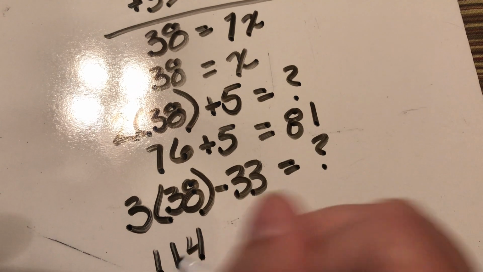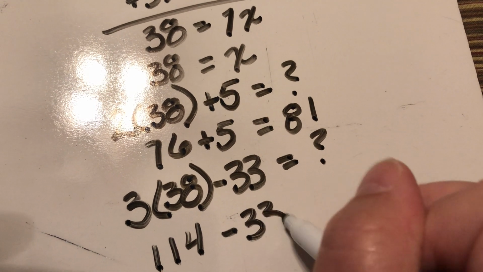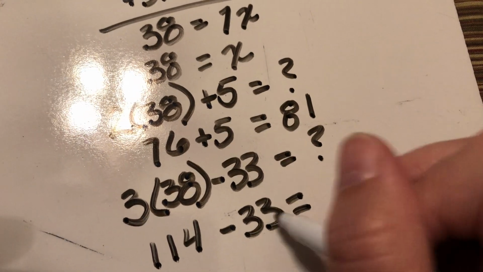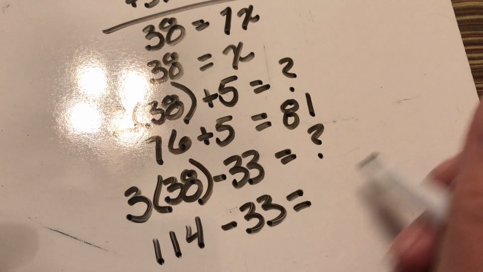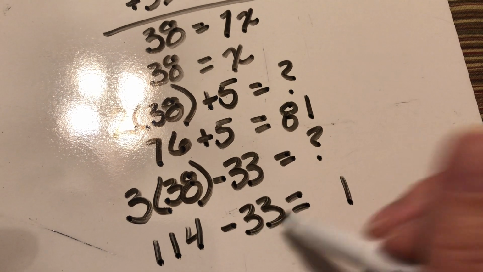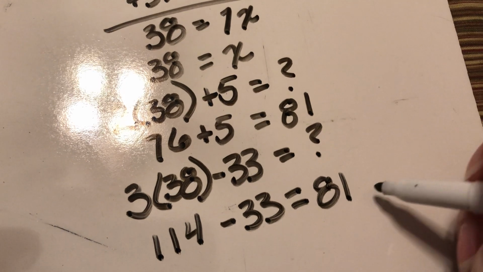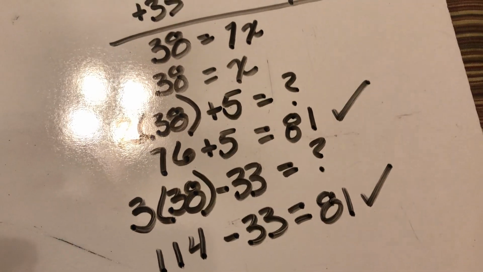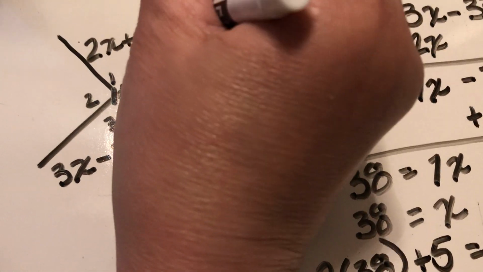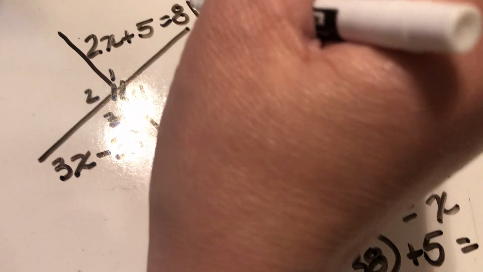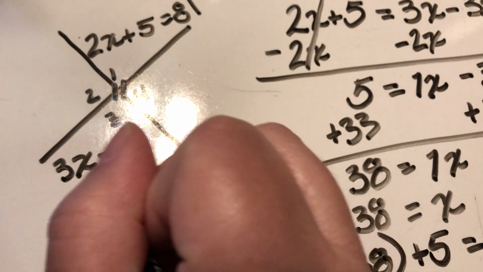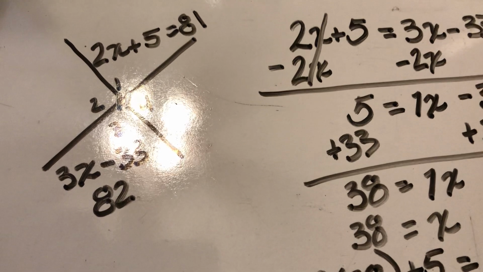Plus 2 is 11. Minus 33. And we got 4 minus 3 is 1. And 11 minus 3 is 8. They both equal each other. So this equals 81. Angle 1 equals 81. And angle 3 equals 81.